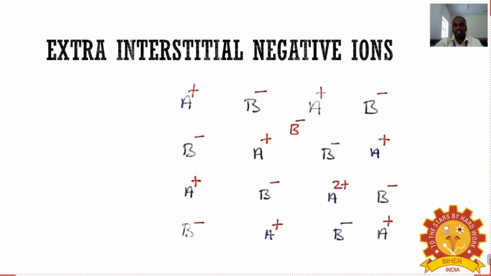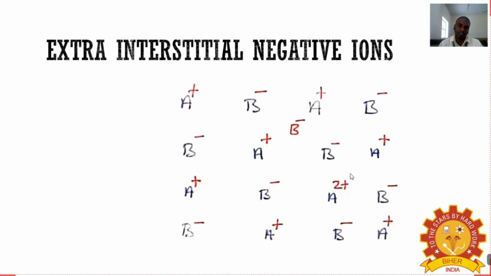Next one is extra interstitial negative ions. In this figure we can see each cation has one positive charge except only one cation. This cation has 2 plus. So one plus charge is in excess.